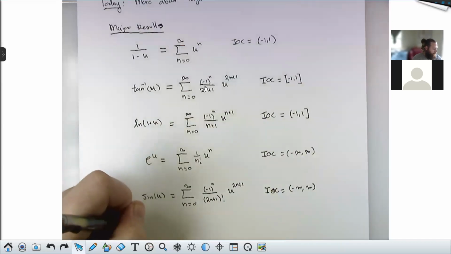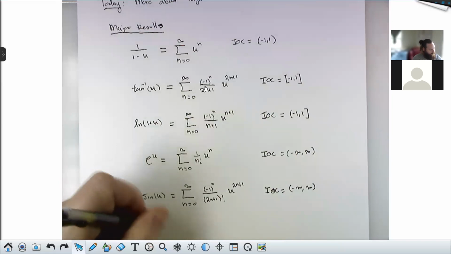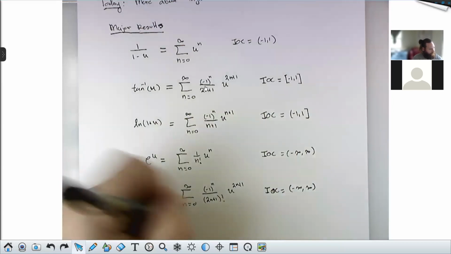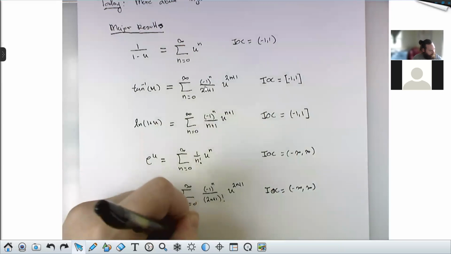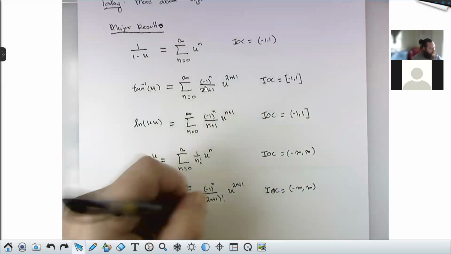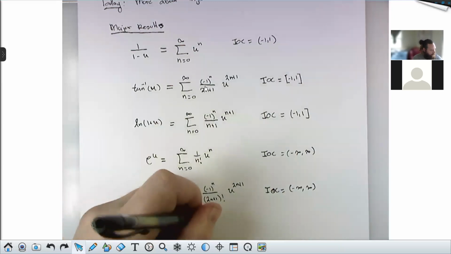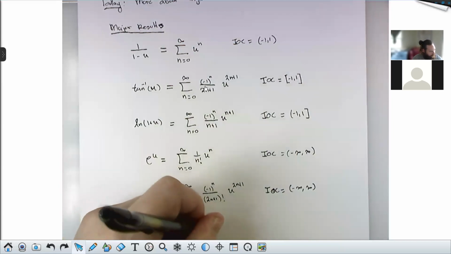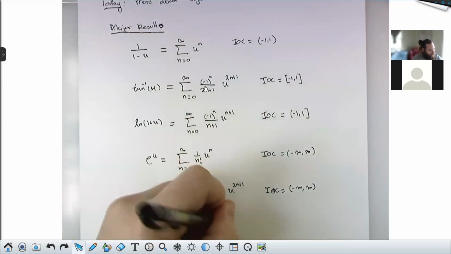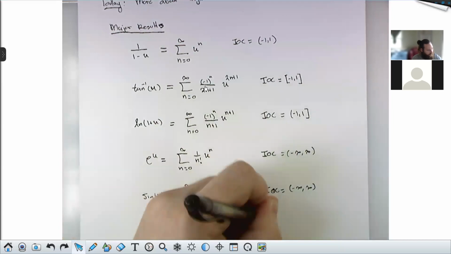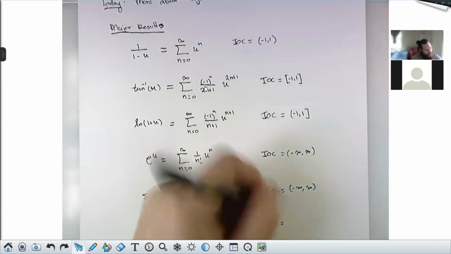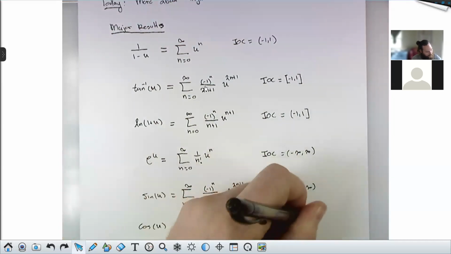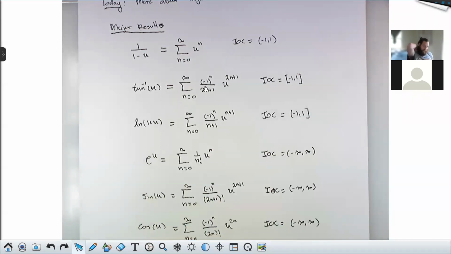And the last one was cosine, which is very similar to the sine series, just with 2n's instead of 2n plus 1's. And the IOC here, again, -infinity to positive infinity.